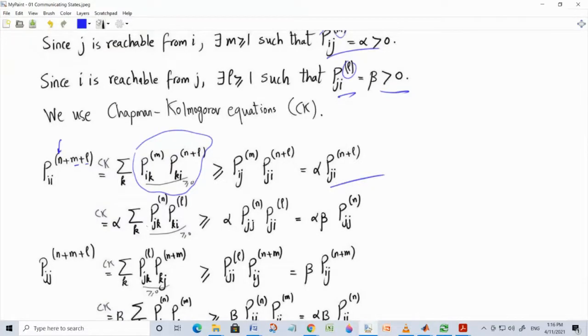You can apply Chapman-Kolmogorov again, with the same idea of lower bounding the summation with one term, choosing k equal to j, and then you will have beta, and then P_jj(n).